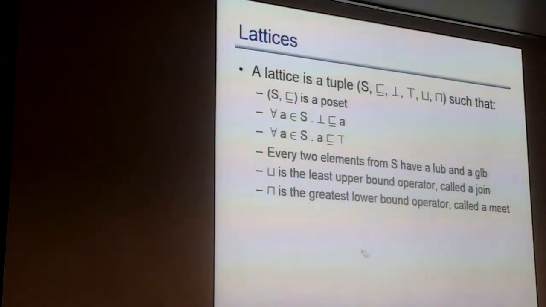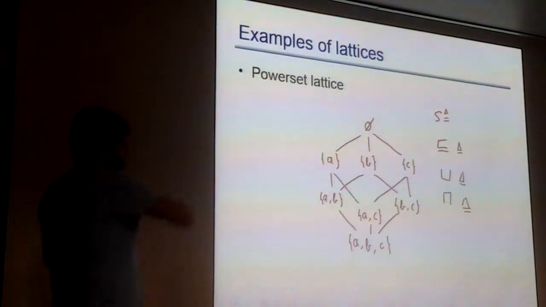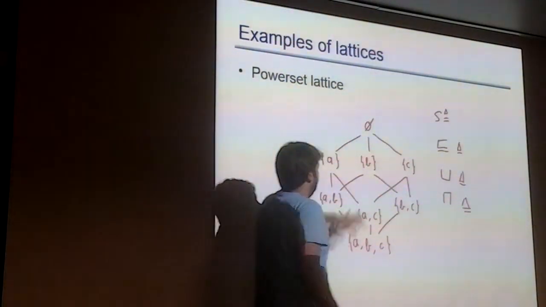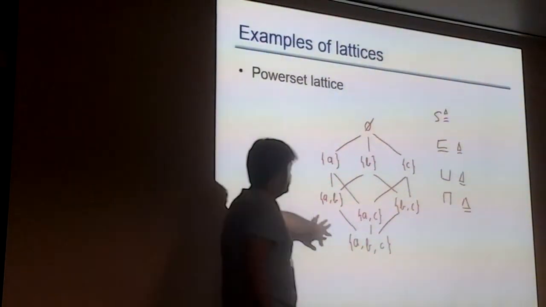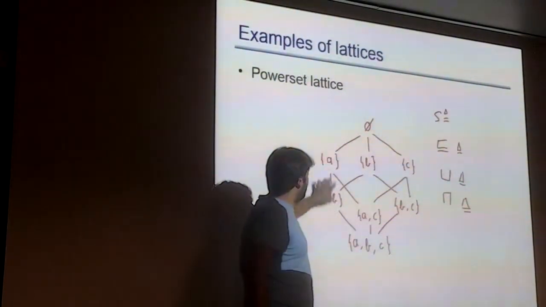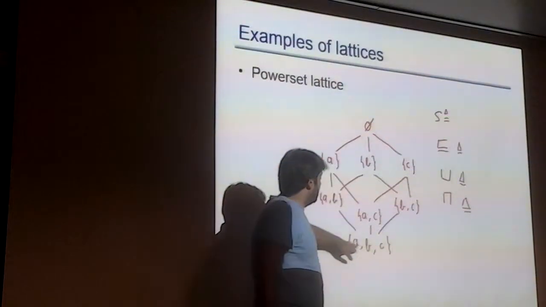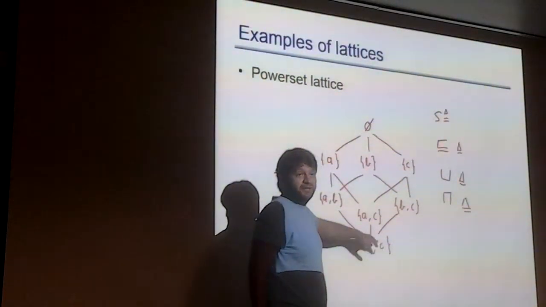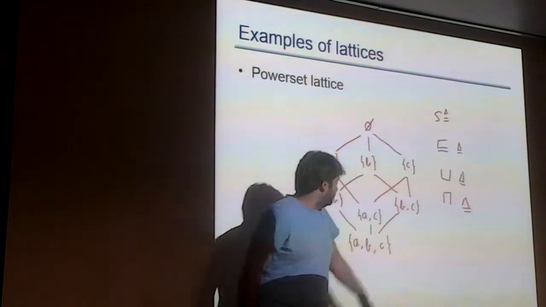Okay, let's see some examples of lattices. So this is a power set lattice with three elements, A, B, C. The elements of the set here, each element is a subset of ABC.